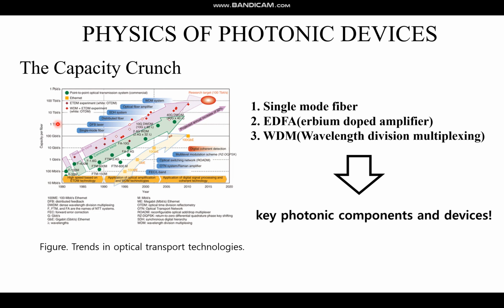To overcome this increasing data problem, there are several methods, such as single mode fibers and optical fiber amplifiers. We discussed the erbium doped fiber amplifiers, and the last thing is WDM, the wavelength division multiplexing system, which is the key photonic component and device. So I think these three things we can discuss in more detail.